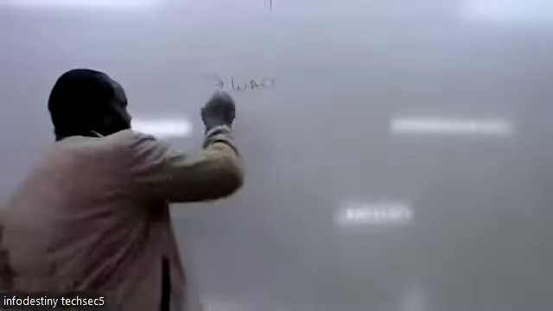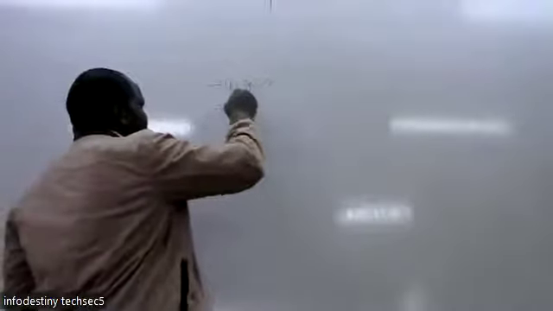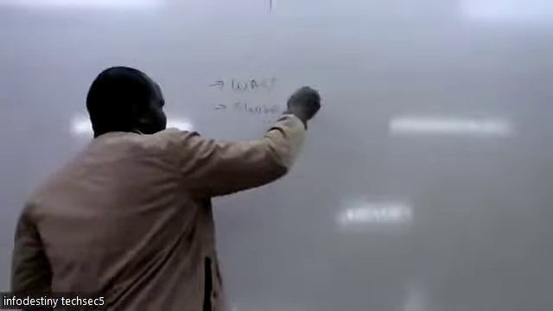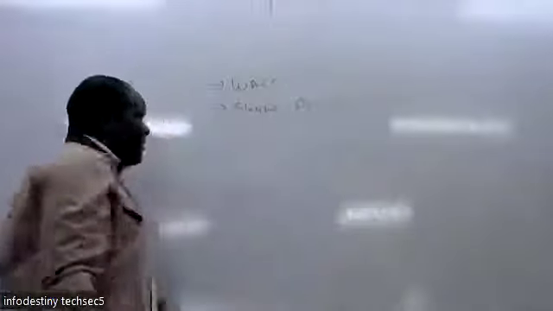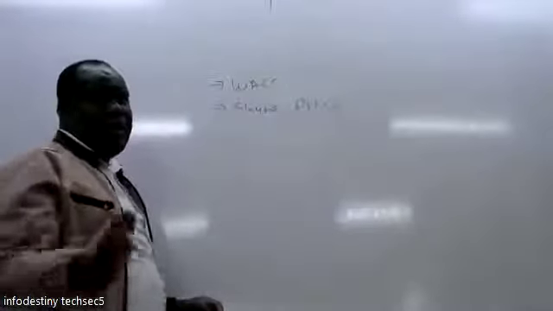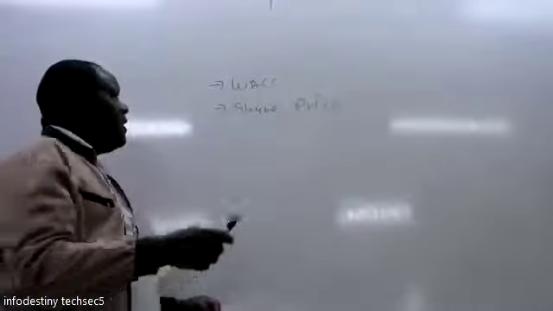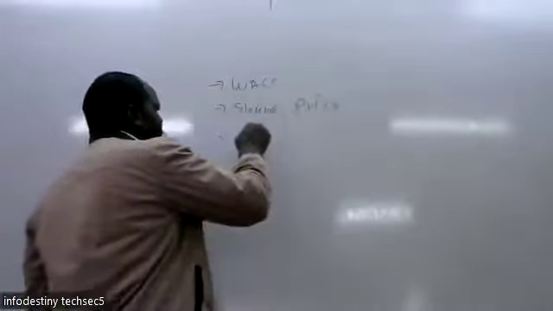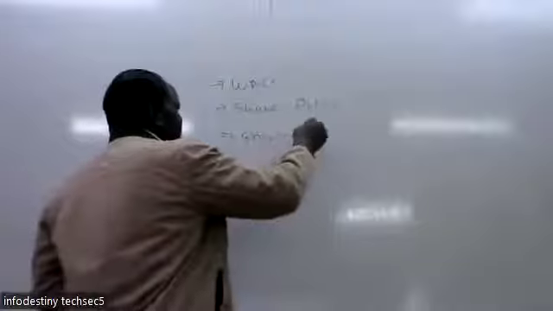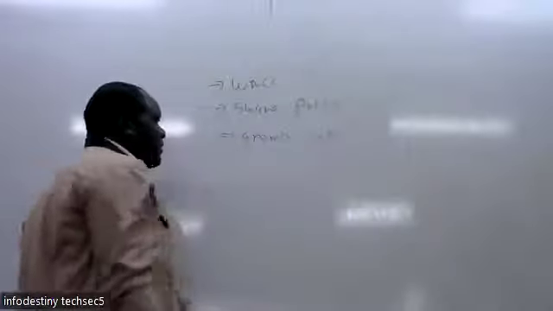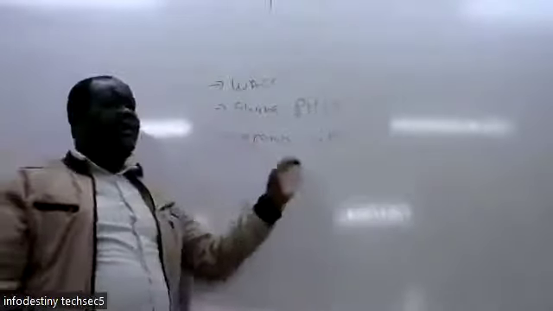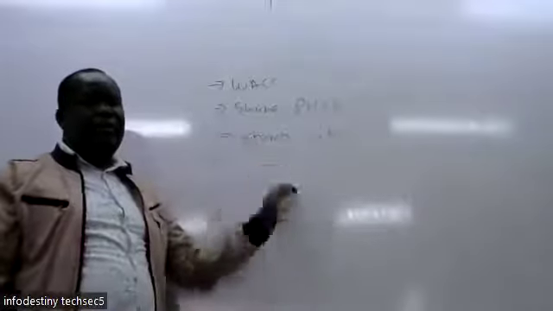The other item was basically the share price. How to calculate the share price? We had done several questions on that. The other item was the growth rate. Those are the three impacts they will ask you to come up with.